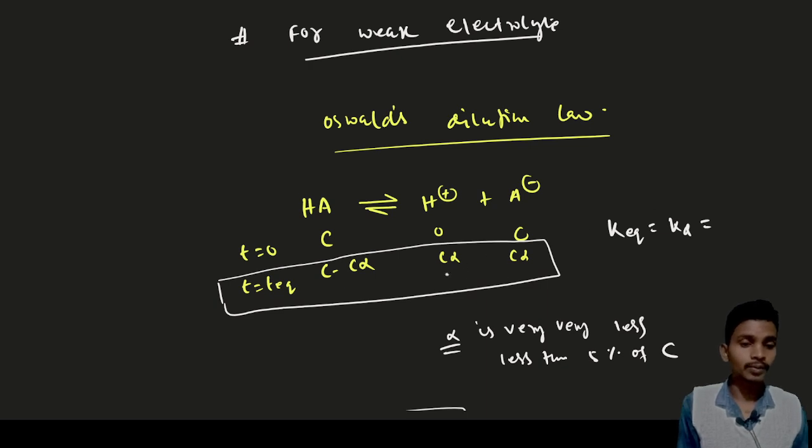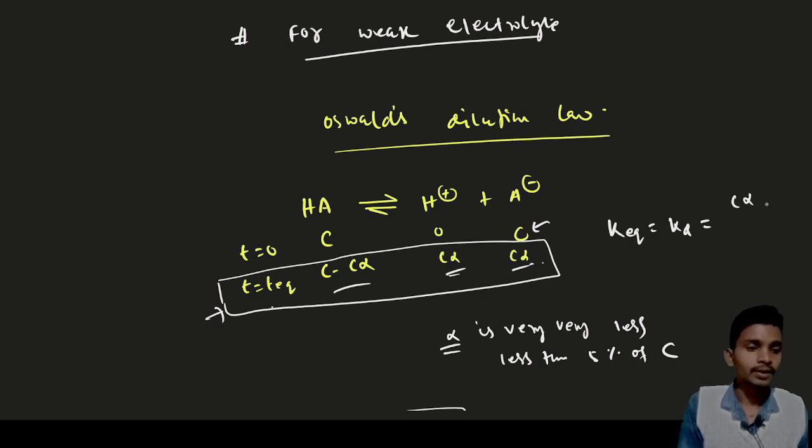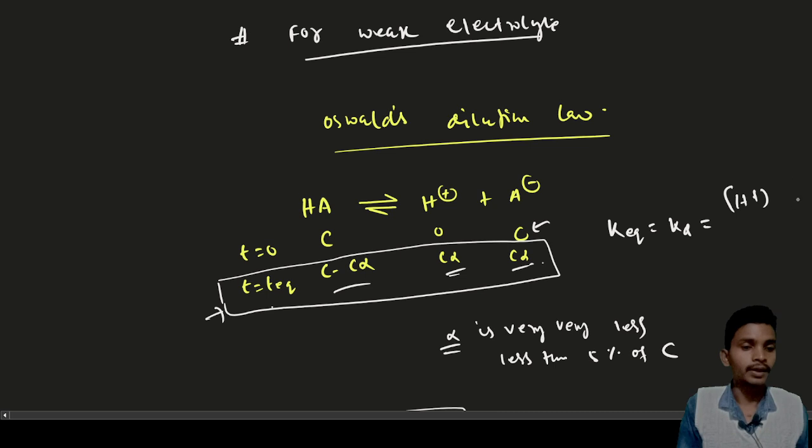You take the concentrations at equilibrium, because equilibrium is the stable state of the reaction, and this concentration is present in the solution. So the H plus concentration is C alpha, A minus is also C alpha, and HA is C minus C alpha.